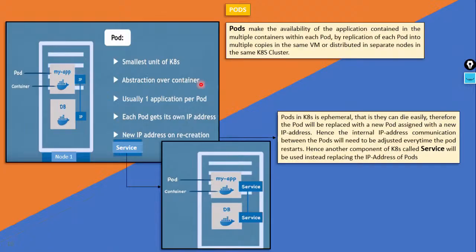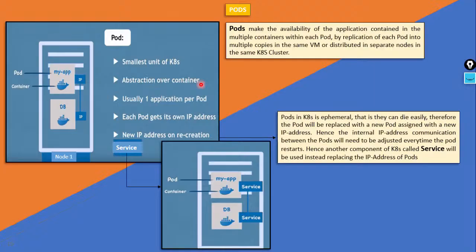Usually the thumb rule is you must not have more than one application per pod. So it is only one application in one container, that is one image in one container. Therefore, one pod will usually be one application.